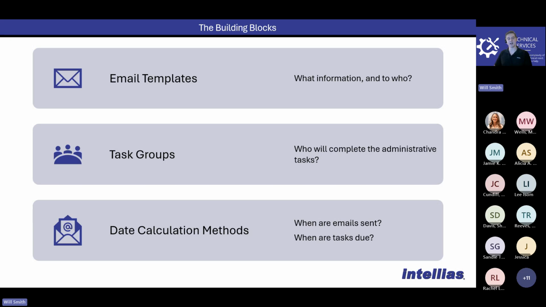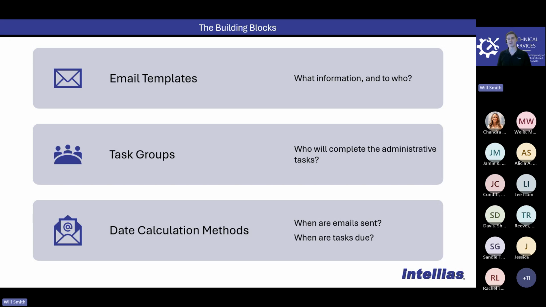And then finally, our date calculation methods. So these are a way for us to calculate based off of things like start date, maybe adjusted start date, maybe program due date. But these are ways for us to calculate off of these input methods when emails are sent and when tasks are due.